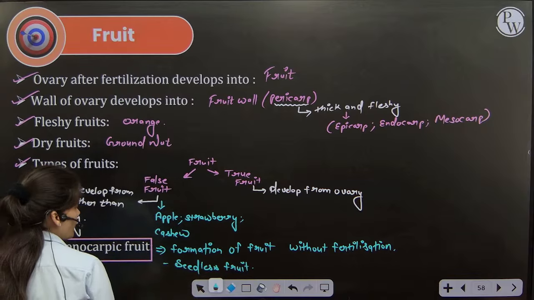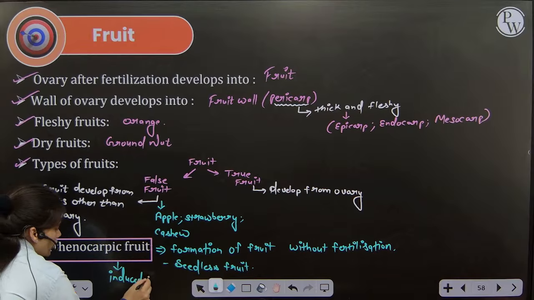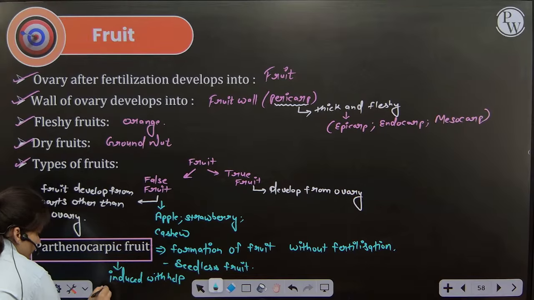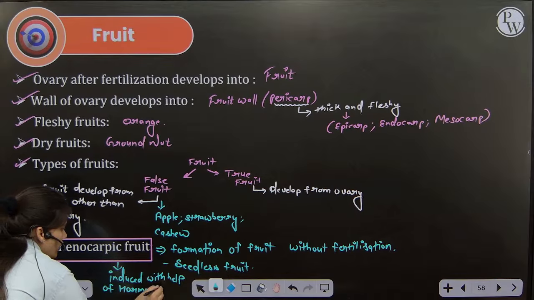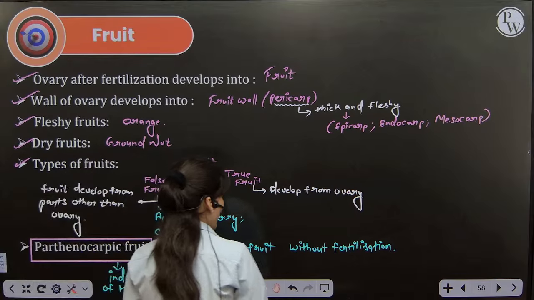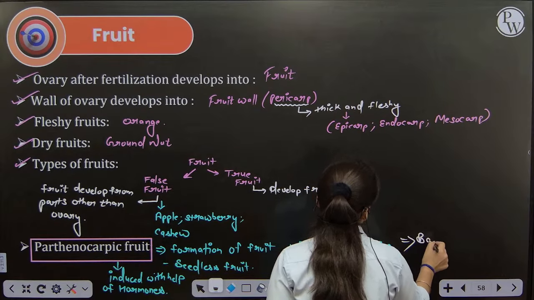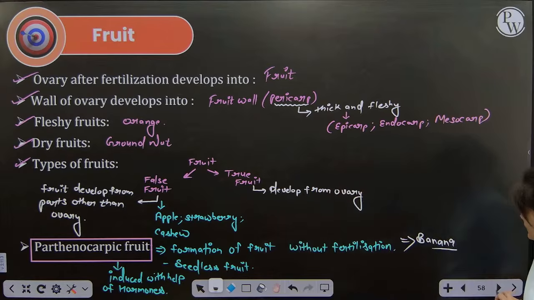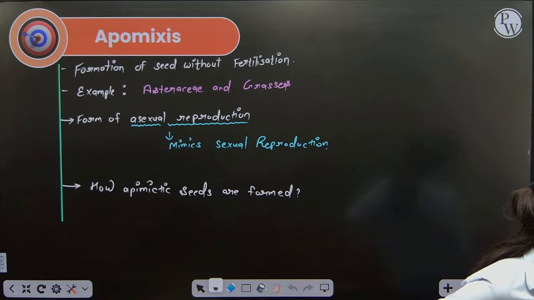And formation of fruit can be induced with the help of hormones. An example of parthenocarpic fruit is banana. So this is about fruit. Next and last topic of this chapter is apomixis.